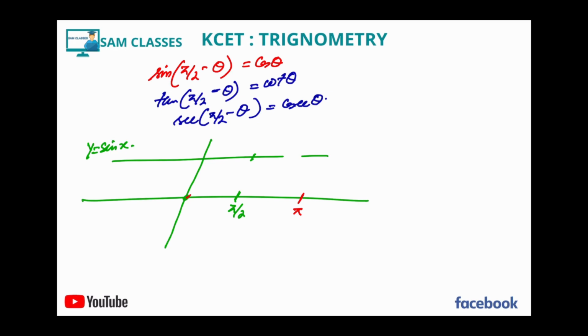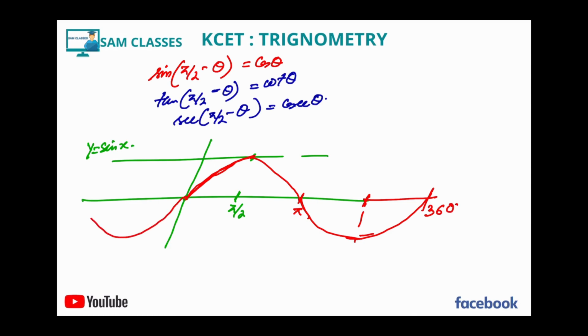So what is happening? This graph is going like this till 90, and after 90 again it is coming back. Now at 270 we know it goes to minus 1, correct, and then again at 360 it goes to 0. And here also, the same way it repeats. So this is the graph of sin x.